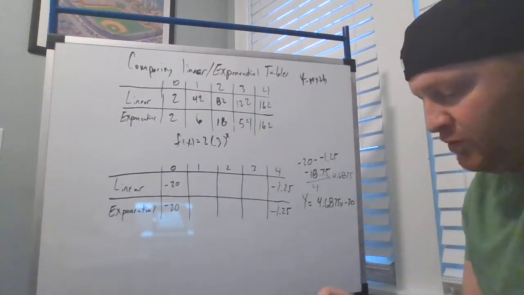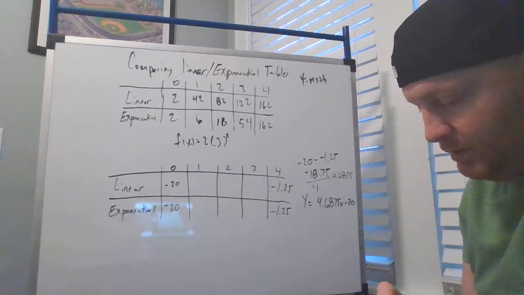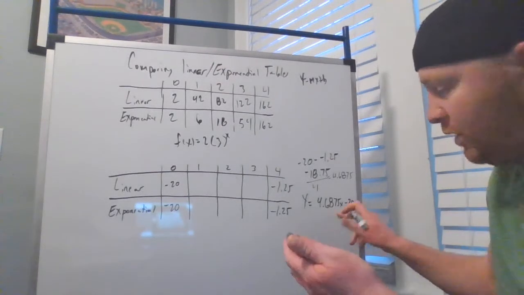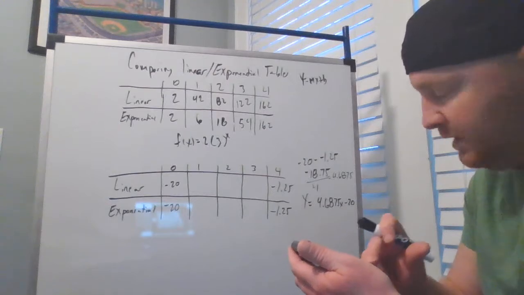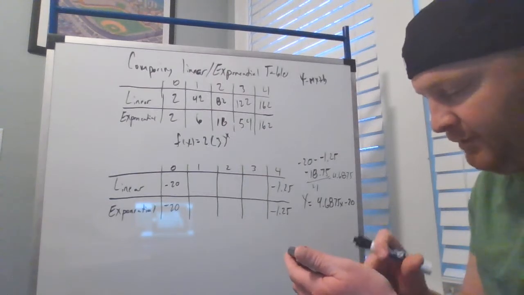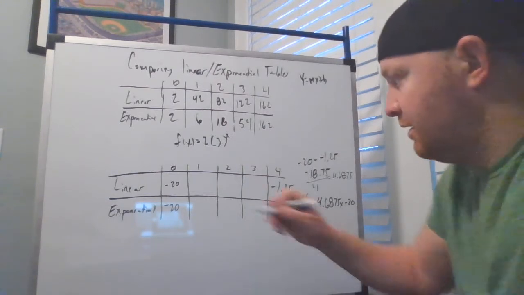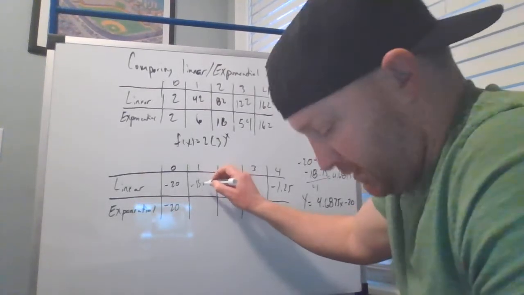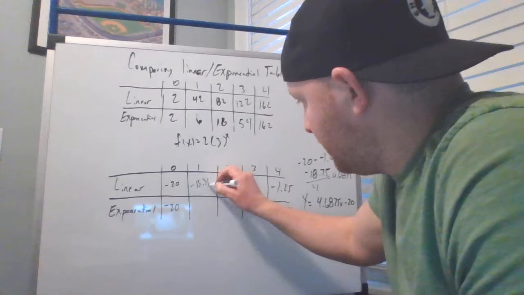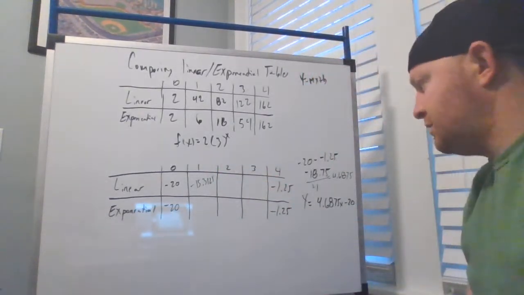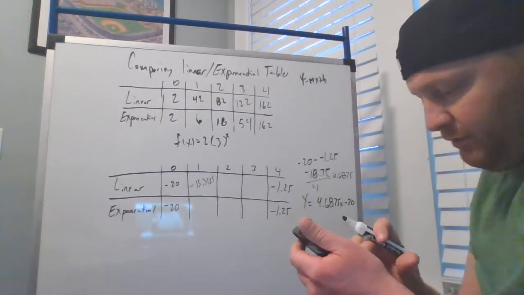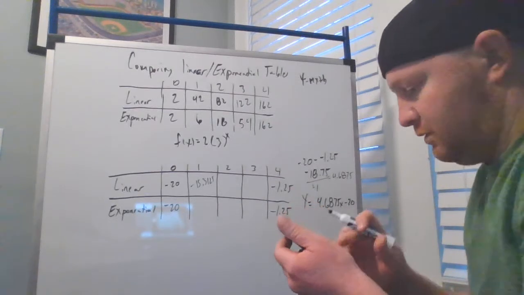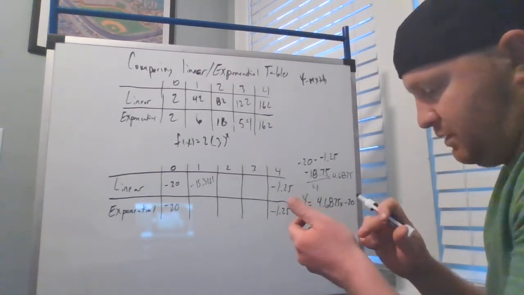So now I'm just going to do negative 20 plus 4.6875, and I get negative 15.3125, and then just keep on adding 4.6875. Oh, I just did this wrong.